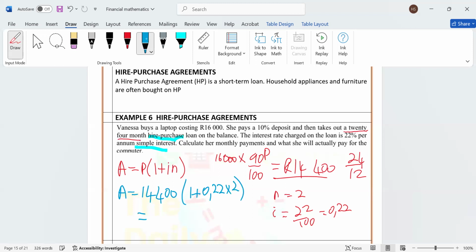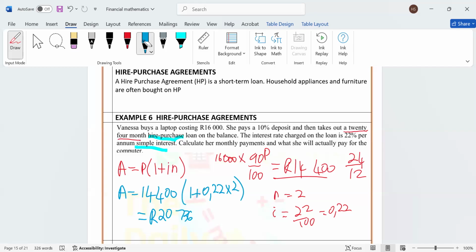You type this in your calculator. So you're going to owe how much? 20,736. This is what we have.